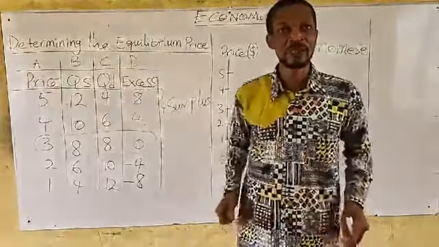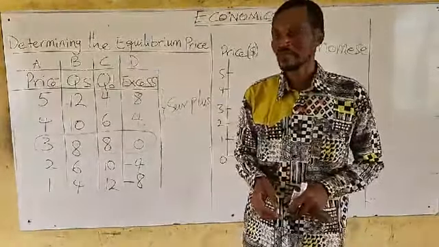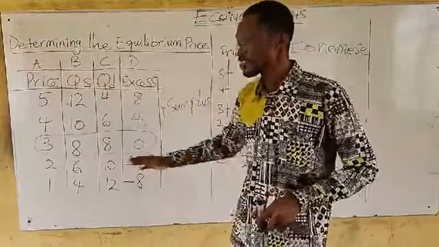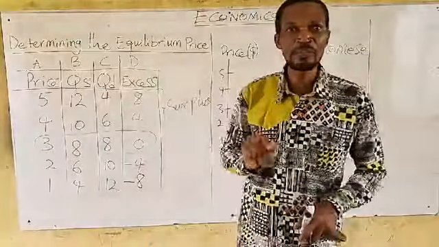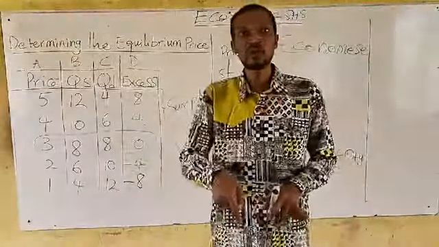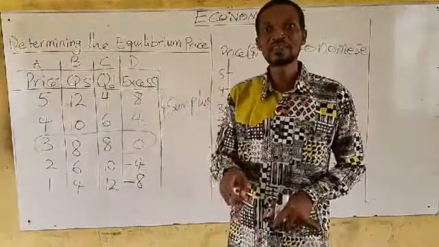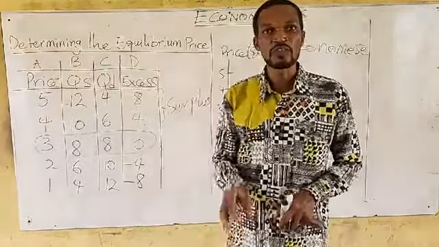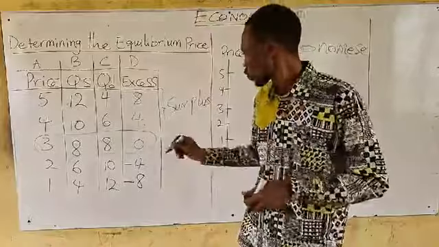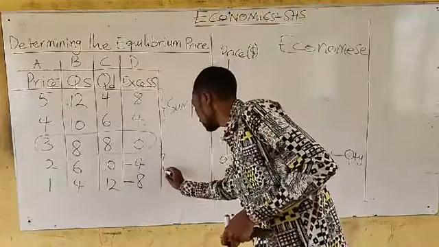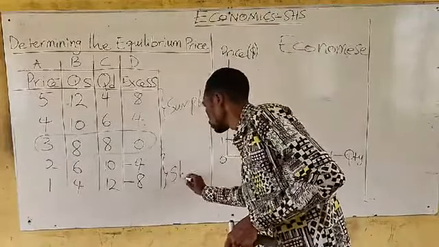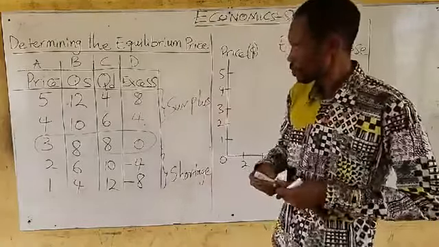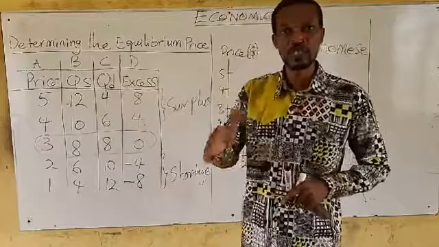I believe you can type that down. Any price that is lower than the equilibrium price, that is below the equilibrium price, leads to what we call excess demand or shortage on the market. So from this point up to this point, we lead to shortage. Price 1 and 2 will lead to shortage.